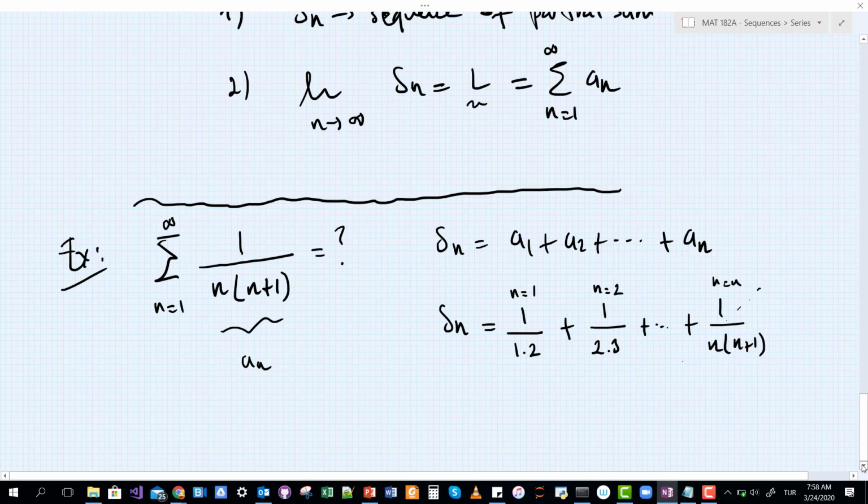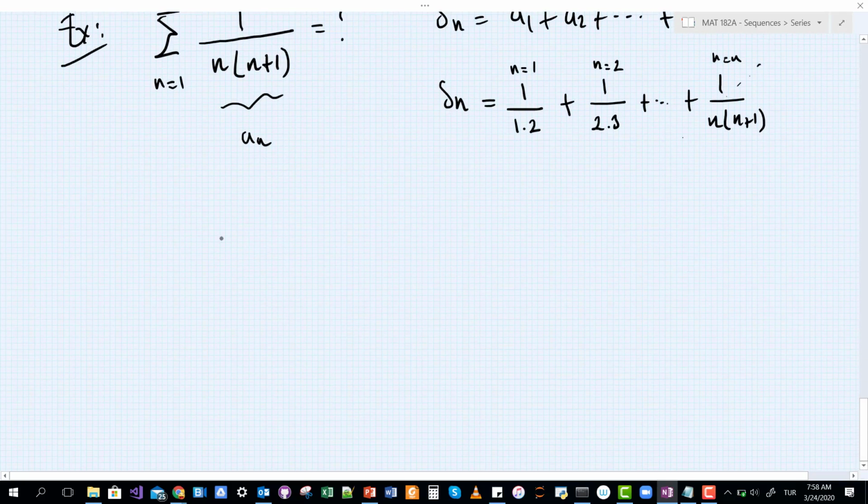So basically, if I want to use the limit of the sequence of partial sums, I need to find a different way. To do that, I will use another technique, guys, which is partial fractions.